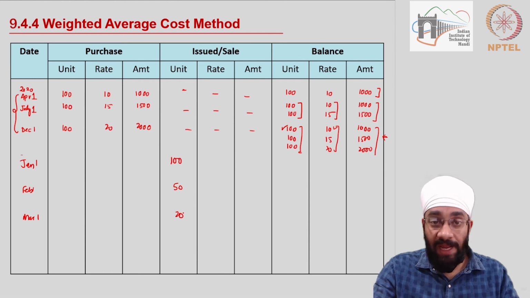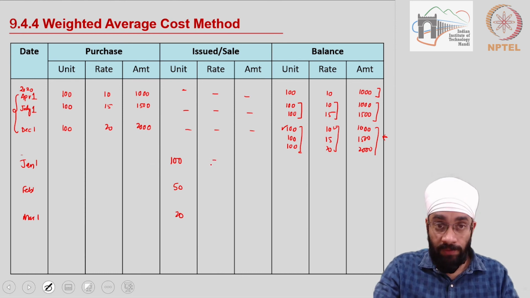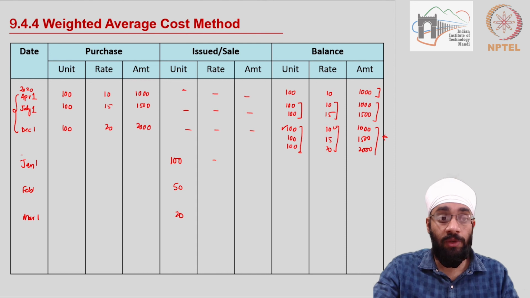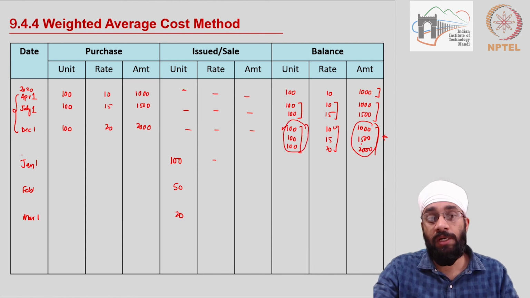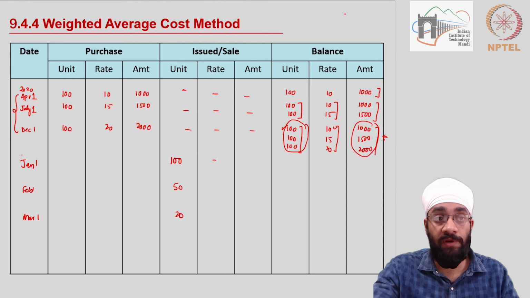Now the price at which you are going to record the sale is going to be the weighted average, and the weighted average is sum of this divided by sum of this. That's all. So sum of this comes out to be 2500, 4500. So 4500 divided by 300. So this comes out to be 15.